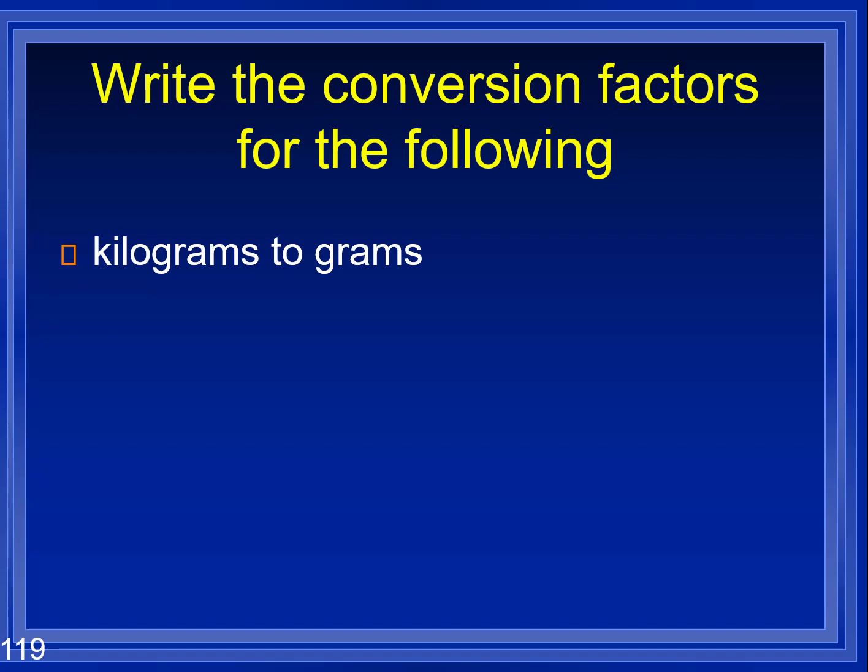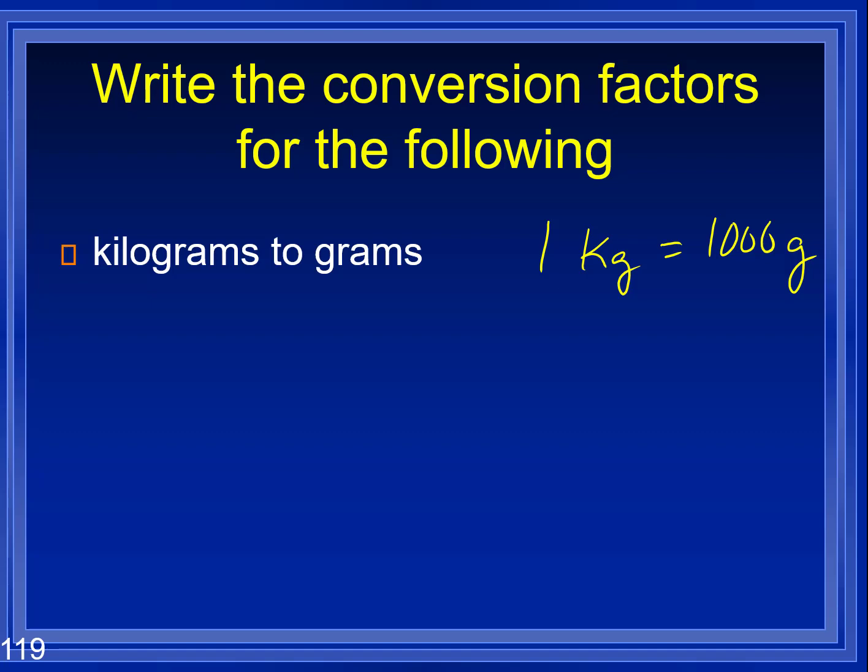So I need to start off with what's equal with kilograms and grams. And there's a 1 equals 1,000. Which one's the 1, which one's the 1,000? A kilogram is big, so it equals 1,000 grams. The big unit gets the small number.